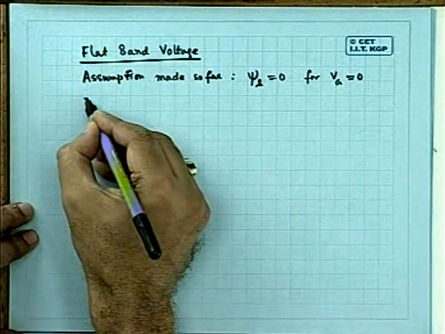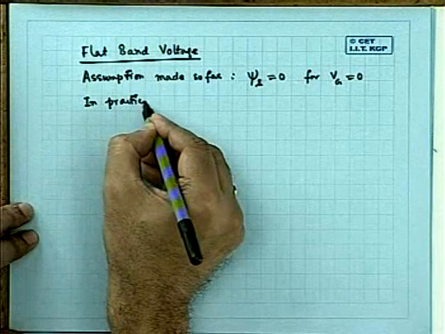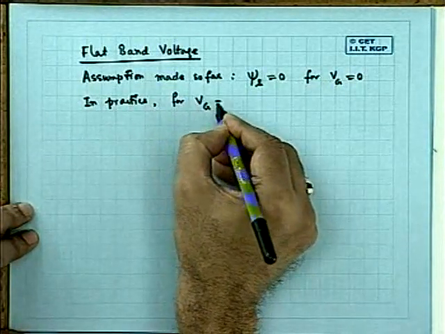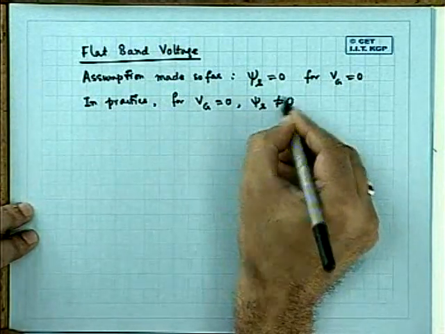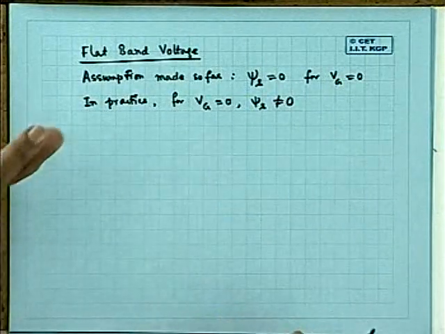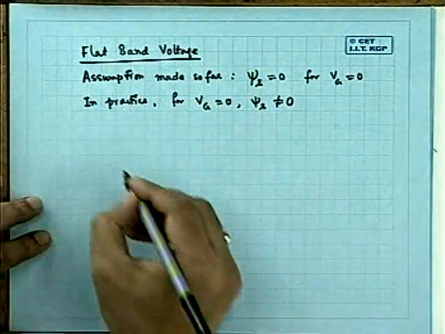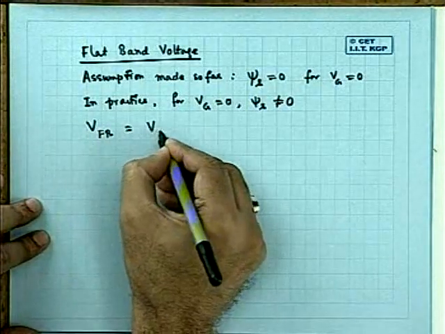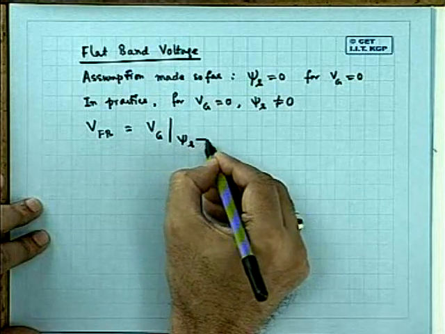In practice, for Vg equal to 0, psi s will not be 0. The amount of Vg needed to make psi s 0 is called flat band voltage. Therefore, flat band voltage is defined as the value of Vg for which psi s becomes 0.